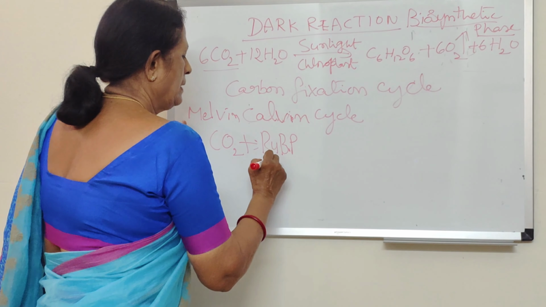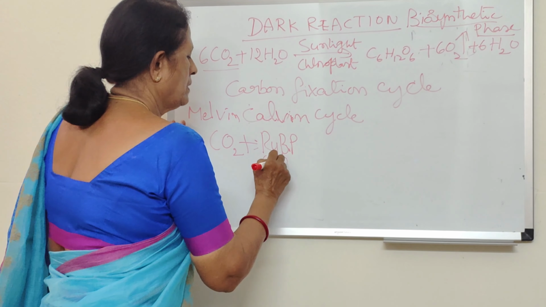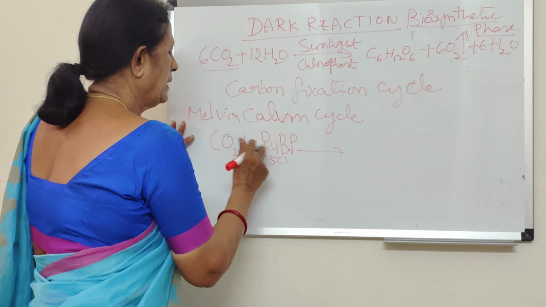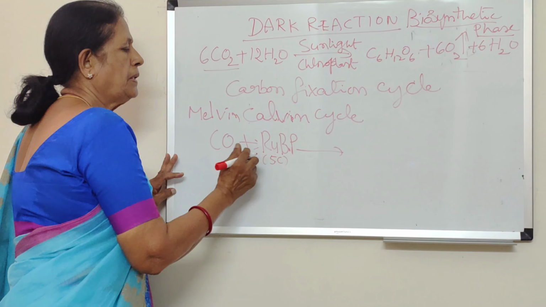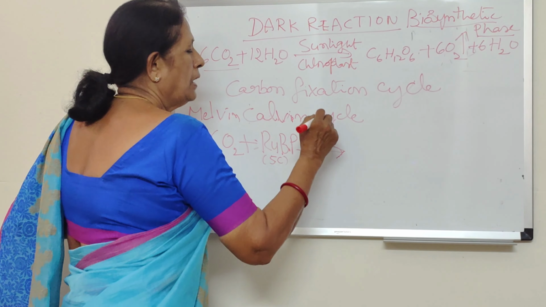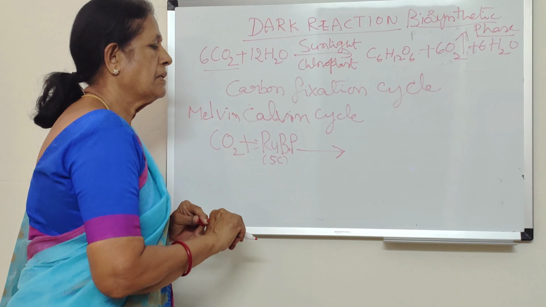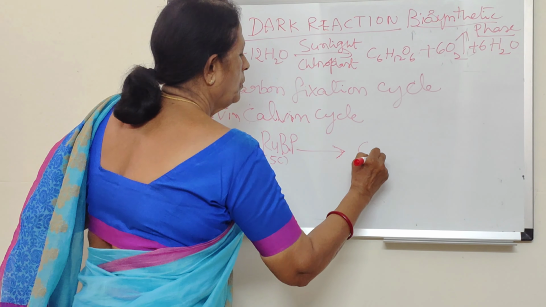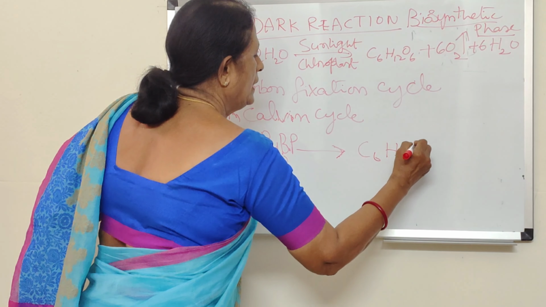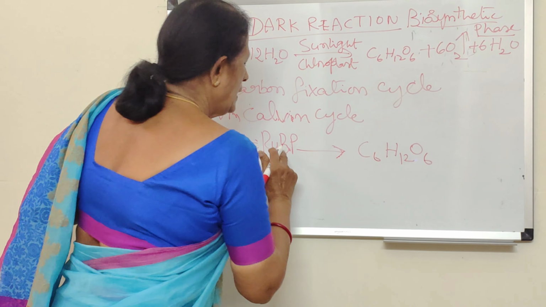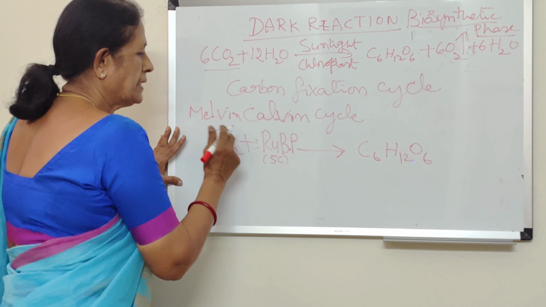It is having 5 carbon atoms, and it takes the carbon dioxide, and it undergoes a sequence of cyclic chemical reactions and finally forms glucose, and this RUBP is regenerated back.